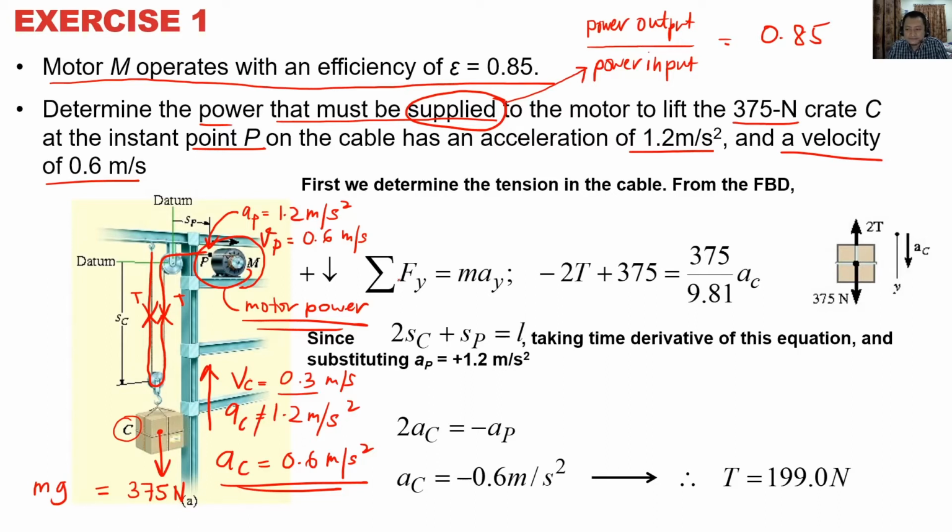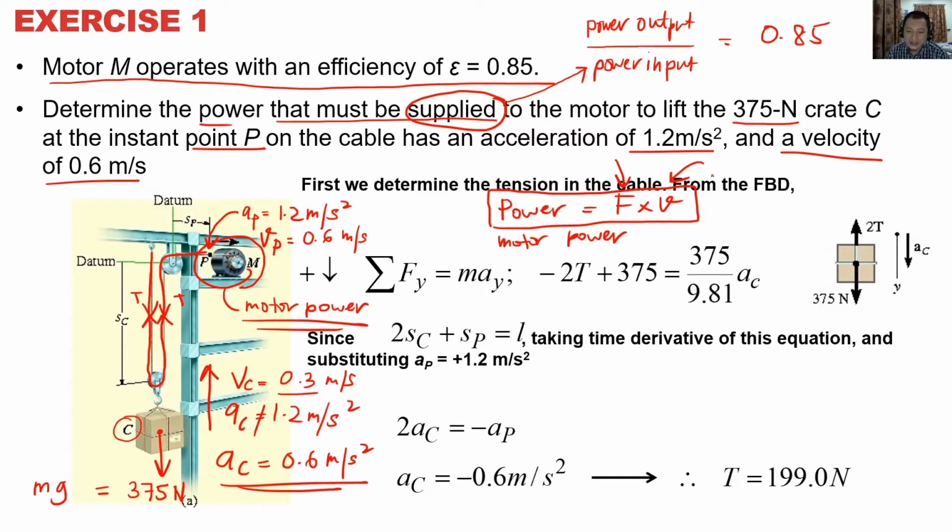Okay, so obviously we have to find the motor's power. Power equals force times velocity. To find the motor's power, we need the force at the motor and the velocity at the motor.